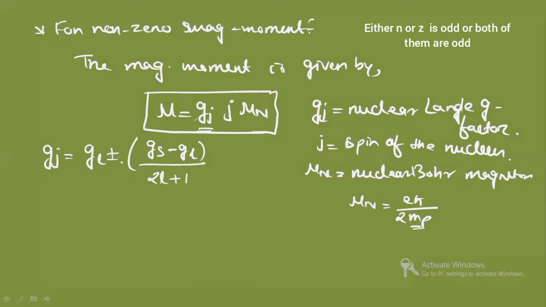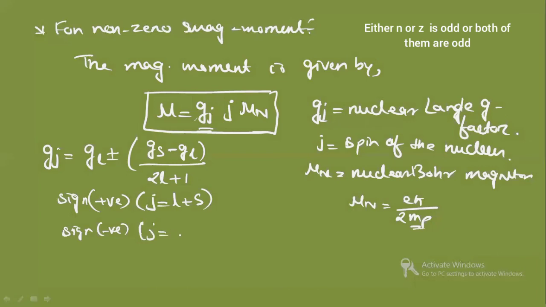When will the sign be positive and when negative? The sign will be positive when J equals L plus S, and negative when J equals L minus S. This is the most important thing you have to remember.